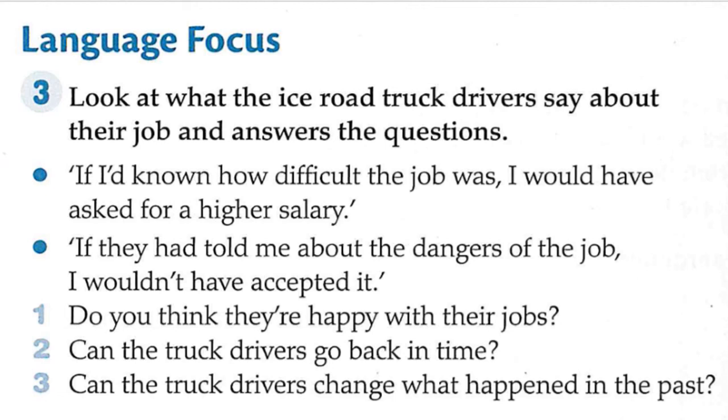Can the truck drivers go back in time? Of course not. Can the truck drivers change what happened in the past? No, of course, they can't. So this is impossible. Something happened in the past, impossible to change. That's why we use third conditional of if.